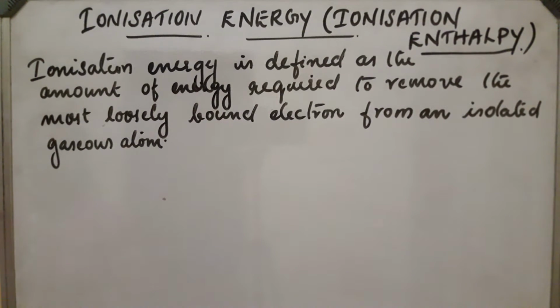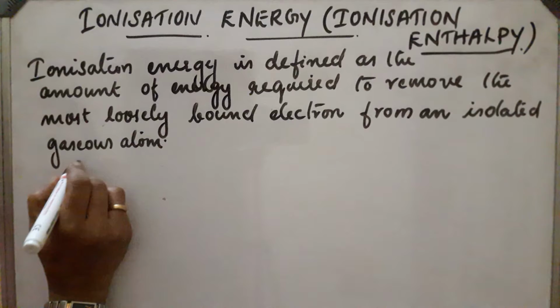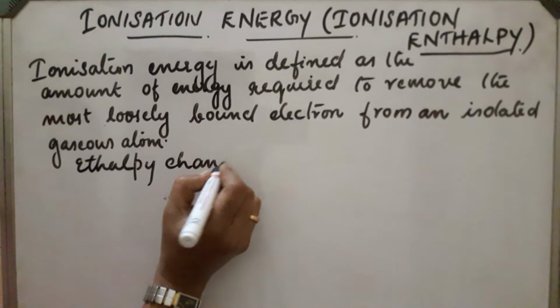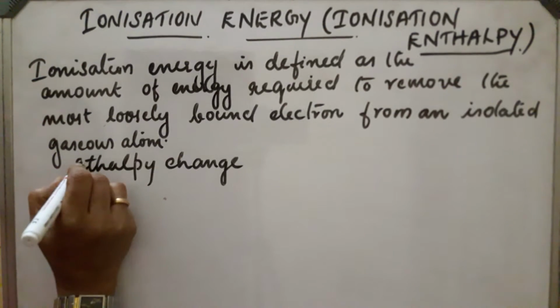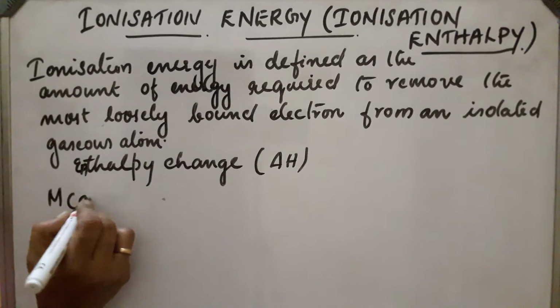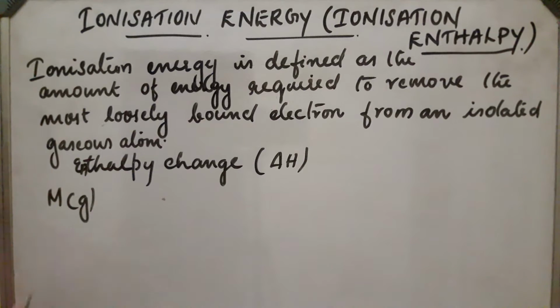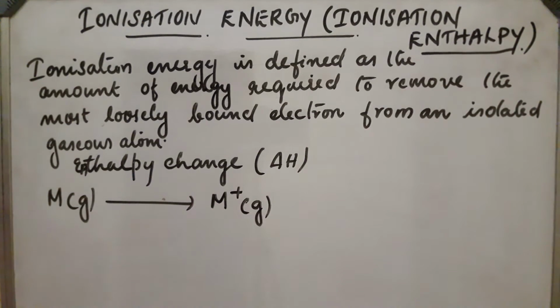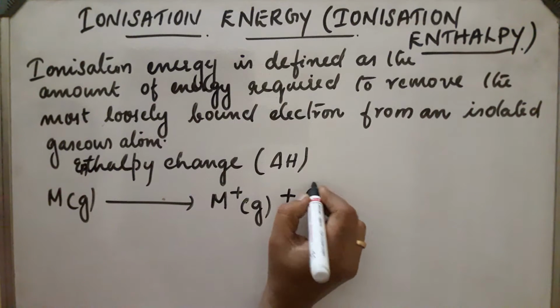So, the ionization enthalpy of an element M is the enthalpy change, that is delta H. If M is an isolated gaseous atom, it gets converted into M plus ion by the removal of an electron.